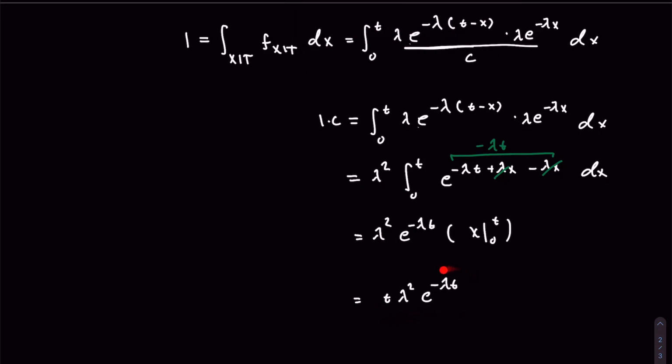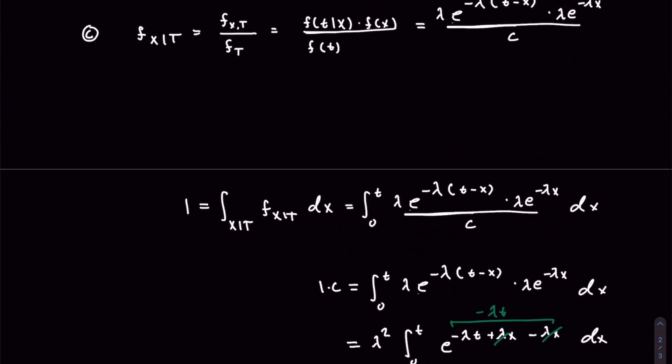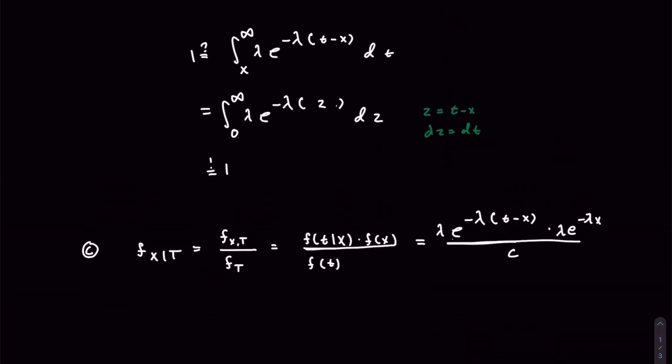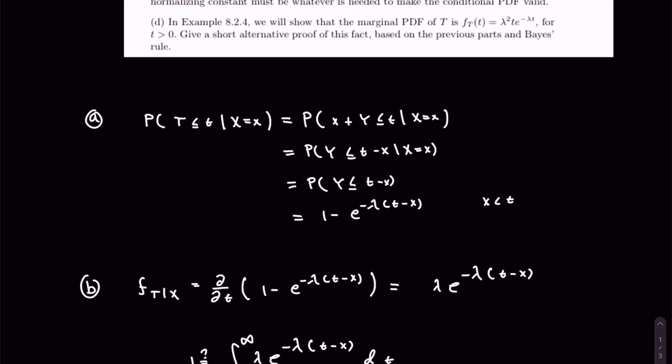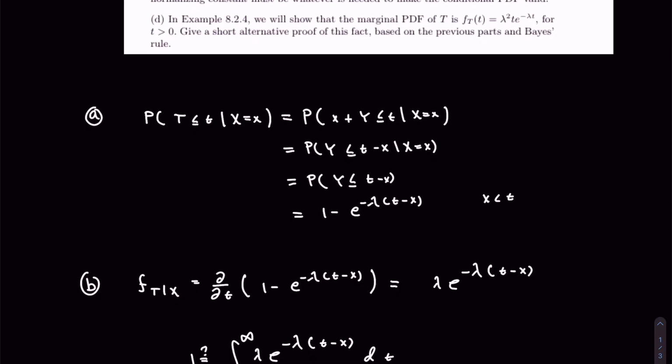This is the normalizing constant, and so we have essentially verified that this is a valid PDF. And in question D, I've already done it, indirectly or directly, that the marginal PDF of t is this, which is actually what the normalizing constant in this case is. So yeah.